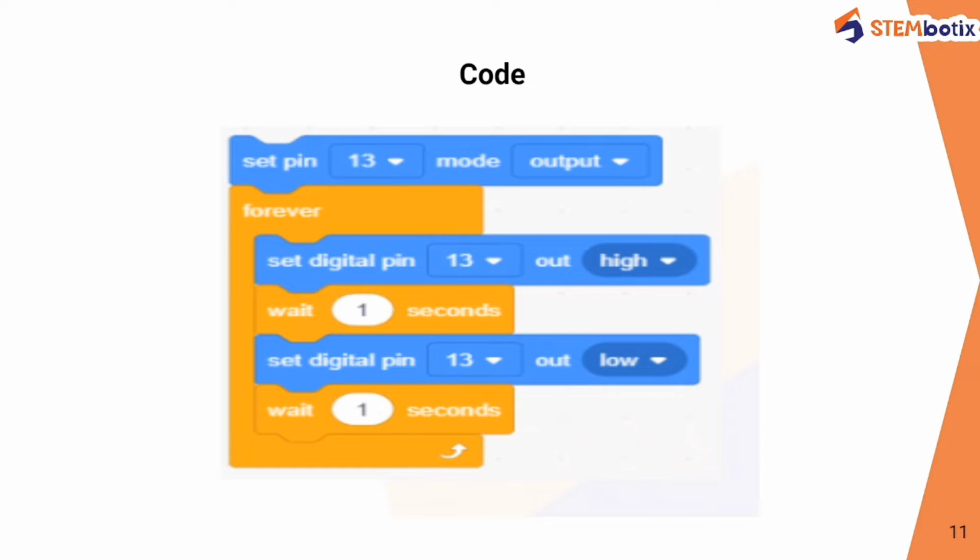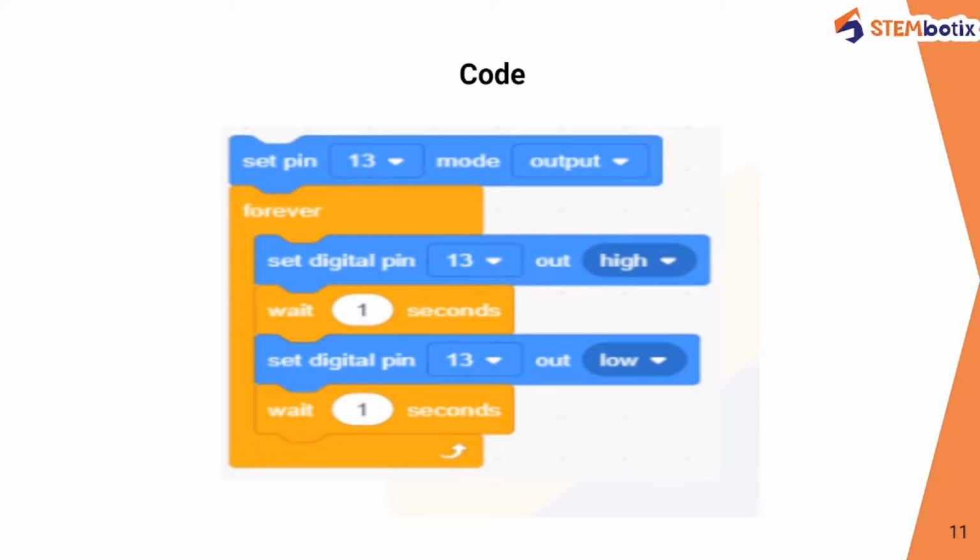Let's see the code of activity number 1. First of all, we set pin number 13, which is a digital pin, as we previously saw in our previous chapter. The LED is connected to digital pin number 13.